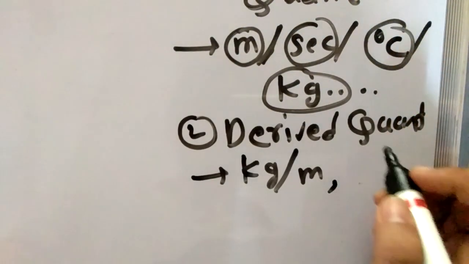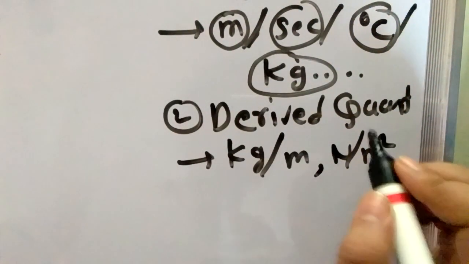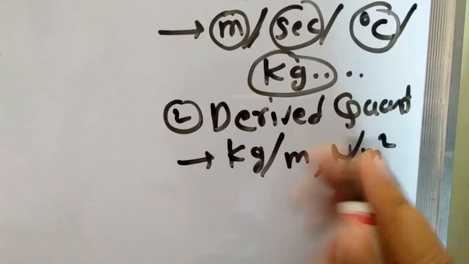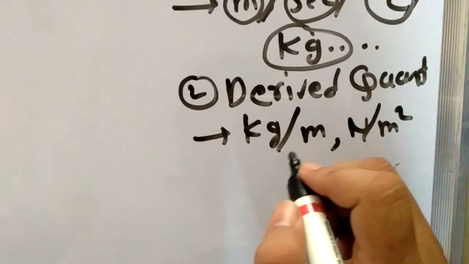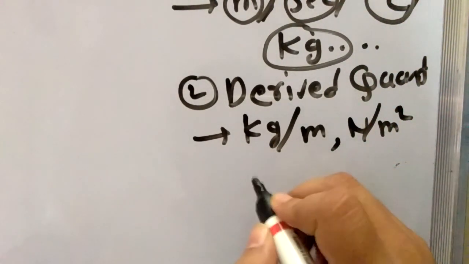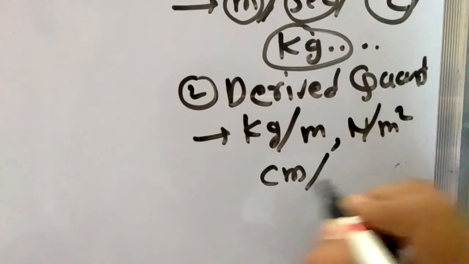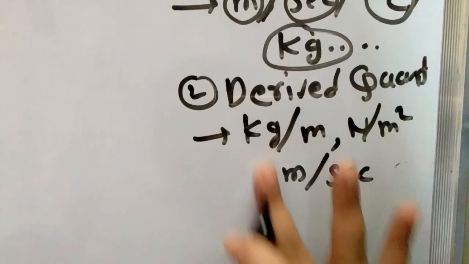Then let's say Newton per meter square. There is also 2 units, Newton and meter, 2 units. Here also 2 units. Or we can take say centimeter per second. Okay, 2 units, centimeter per second or meter per second.